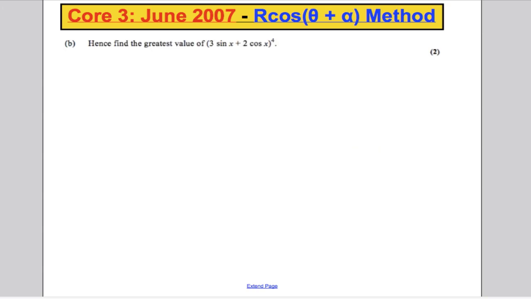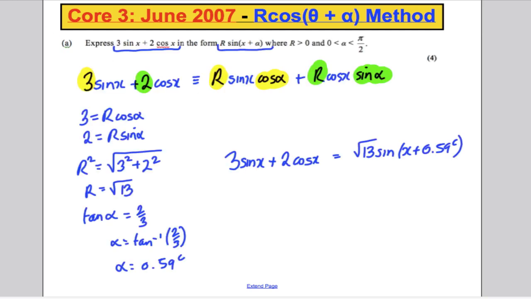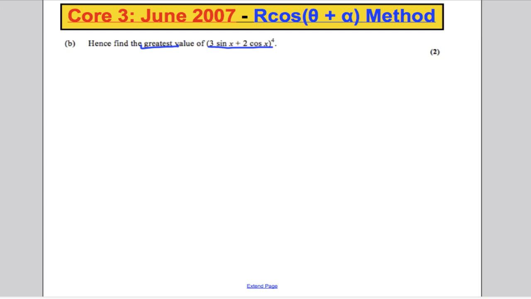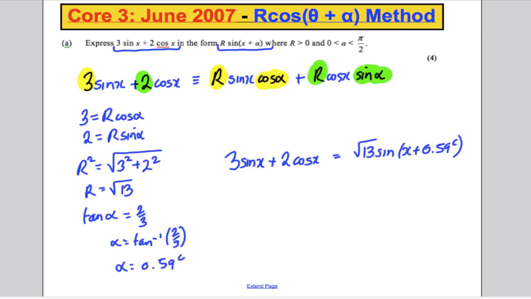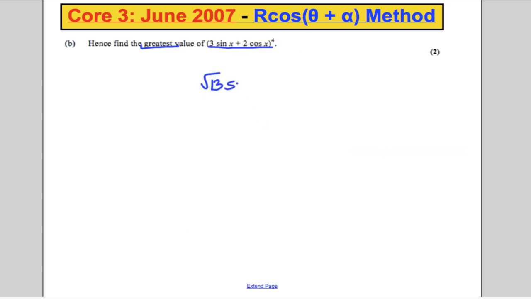Okay, next part. Hence find the greatest value of this. Finding the greatest value, or the maximum value of this, would be equivalent surely to working out the maximum value of the square root of 13 sin x plus 0.59, to the power of 4.